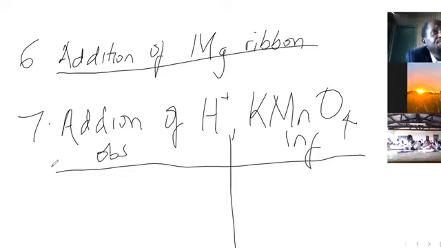Expected observation, and here it's very important, you must mention the two colors, first color and the final color. So you must mention purple potassium manganate 7 changes to colorless, or the color of acidified potassium manganate 7 changes from purple to colorless.